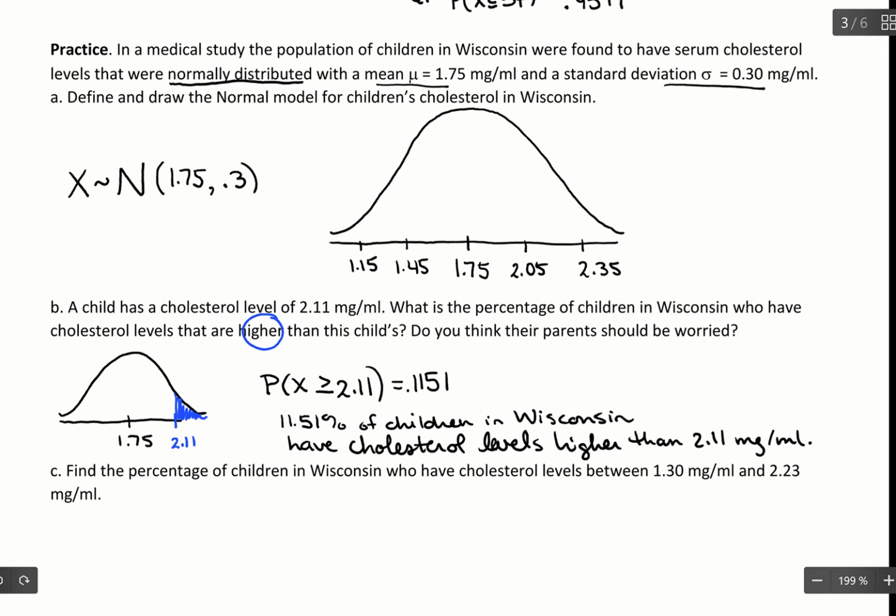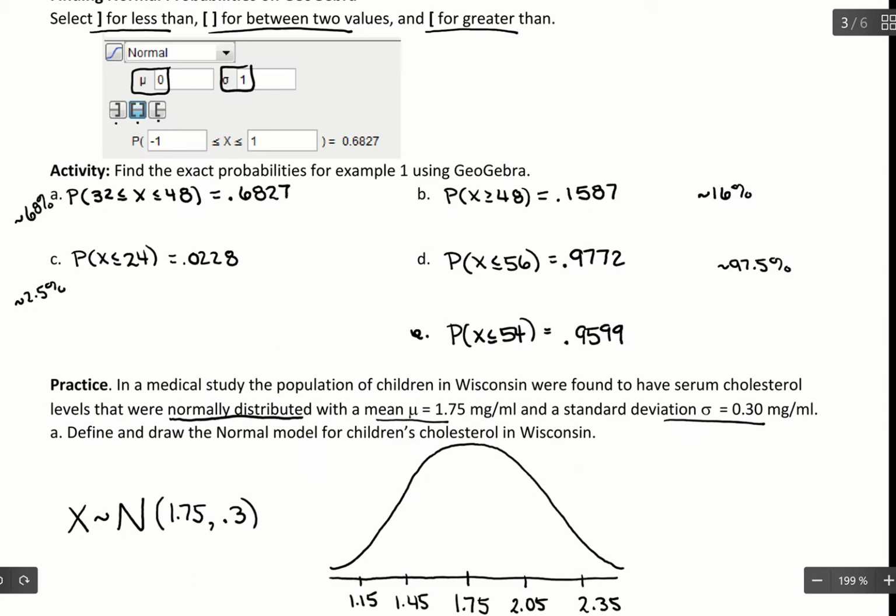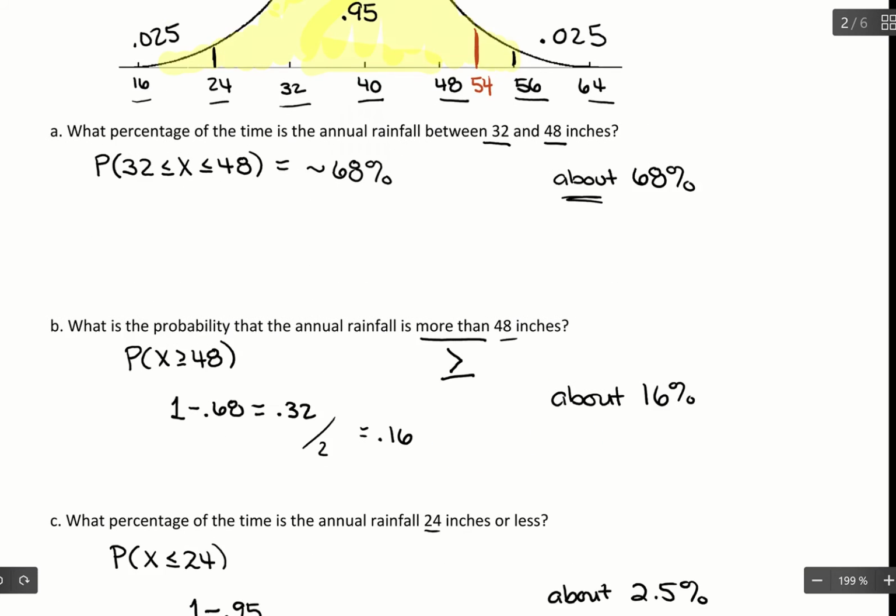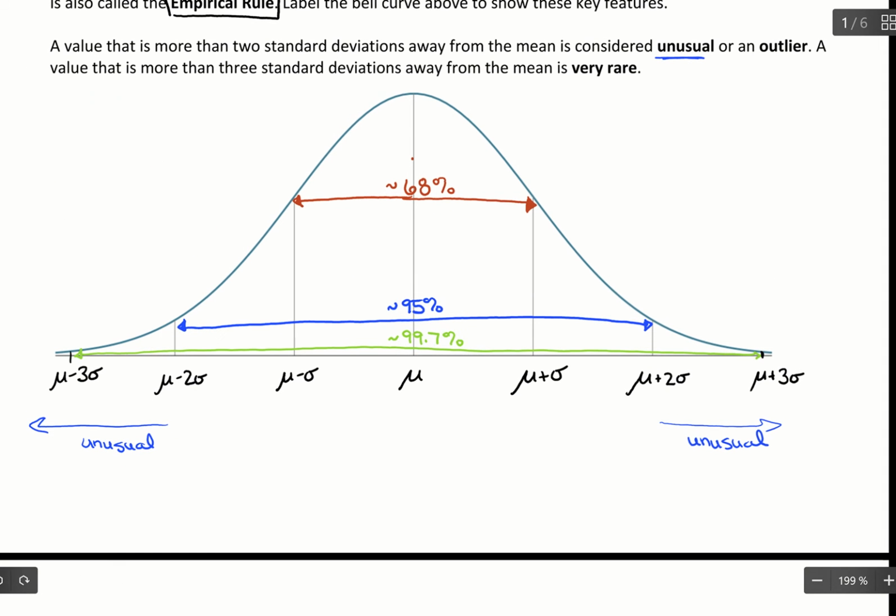Now, in terms of interpreting, do you think their parents should be worried? I mean, it's a low percentage. In terms of, is this an unusual value? Is this an unusually high value? Should they be worried in that sense? Well, in terms of unusual, if we scroll back to when we first talked about the empirical rule, it's going to be beyond 2 standard deviations away.